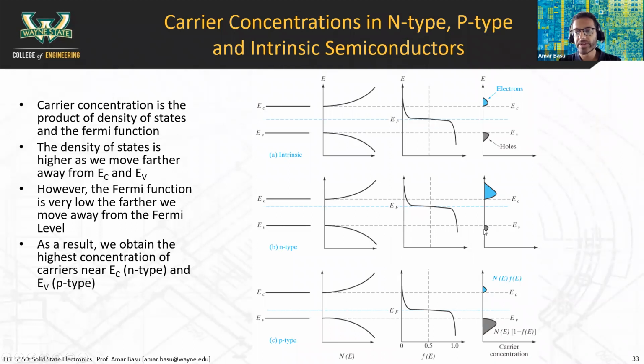The hole concentration in the valence band is smaller compared to the intrinsic case. You can see that the area has decreased as you went from intrinsic to n-type. In p-type, you can see many holes and few electrons.